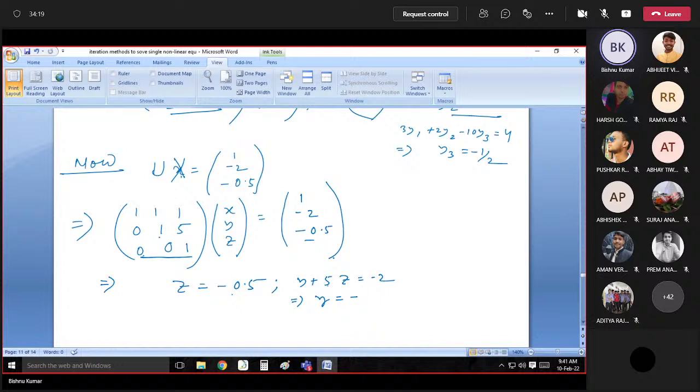Okay, z is minus half means 5 by 2, minus 5 by 2 will be on the right hand side, plus 5 by 2. 5 by 2 means 2.5. Z is already calculated. Use the z value here, minus 0.5, means minus half.